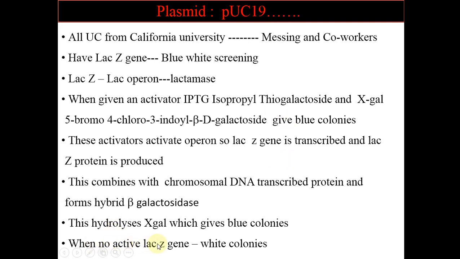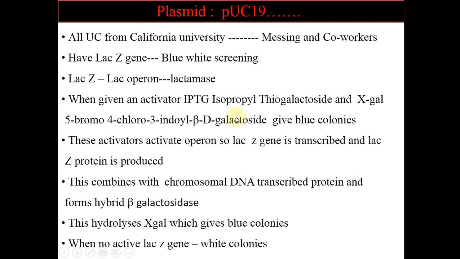When the lacZ gene is not active, you will have white colonies. The non-transformed host shows white colonies, and the transformed show blue colored colonies.